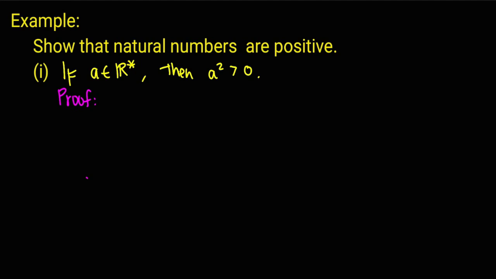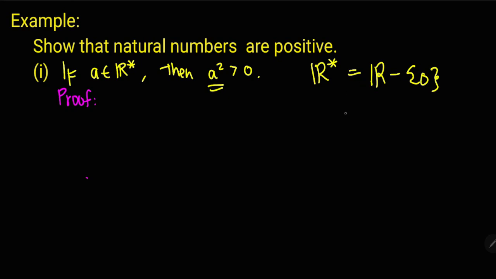So we start with the fact that if A is a non-zero real number, by the way, if you saw this symbol, the star on a set means you're excluding the additive identity. So this is the set of real numbers except the element 0, meaning A is a non-zero number. So if A is a non-zero number, then if you square A, the result is always positive.